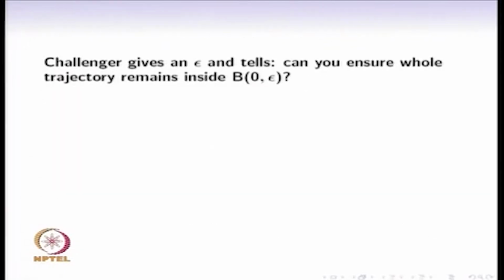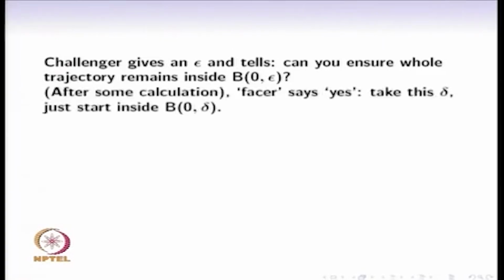What I have said in the previous slide is that the challenger is the person who gives an epsilon and asks whether we can ensure that the whole trajectory remains inside B(0, epsilon). After some calculation, the facer of that challenge says, yes, take this delta: just start inside the ball B(0, delta), and we are guaranteed to be inside the other ball B(0, epsilon).